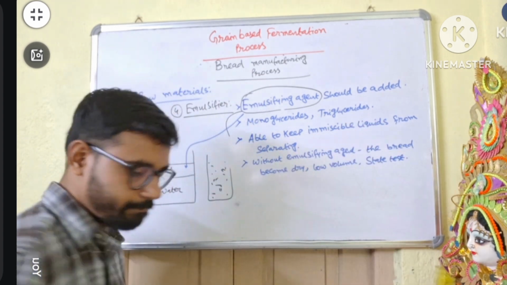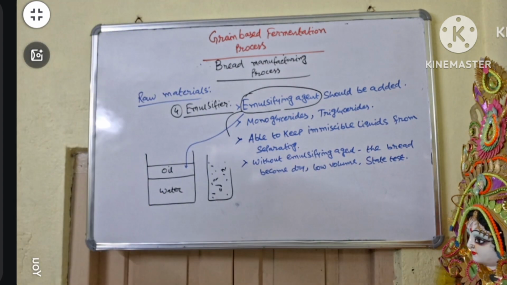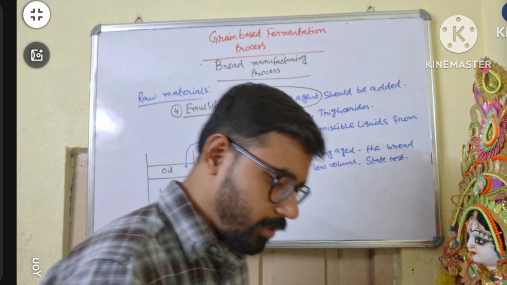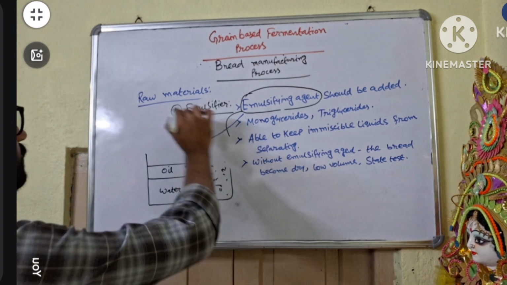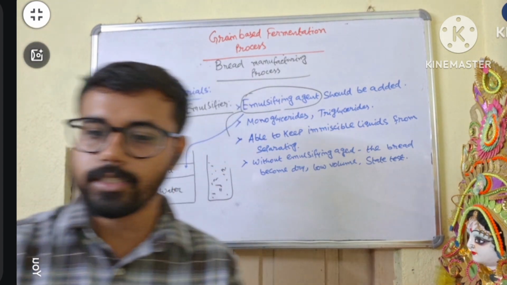That means no taste. So an important raw material during bread manufacturing is the emulsifier. A question can be framed: Why are emulsifier agents added? What is the role of emulsifier agent?